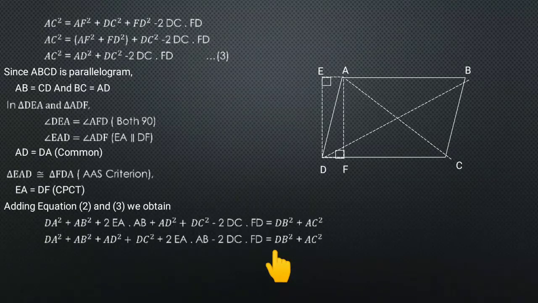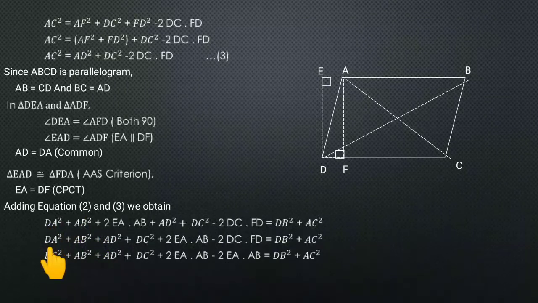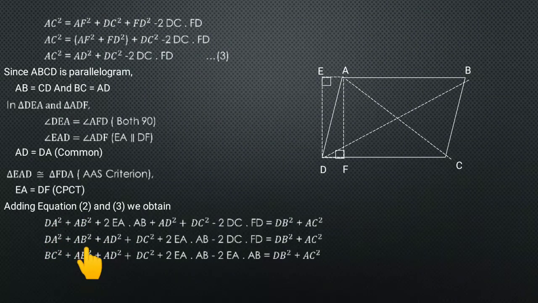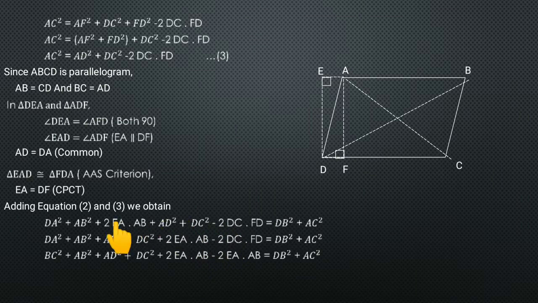Now here DA square plus AB square as it is, AD square as it is, DC square as it is, 2EA into AB as it is. Now only arranging the order. Here DA and BC are both equal because of the parallelogram. Therefore, instead of DA we can write BC, AB square as it is, AD square as it is, DC square as it is, plus 2EA into AB as it is.